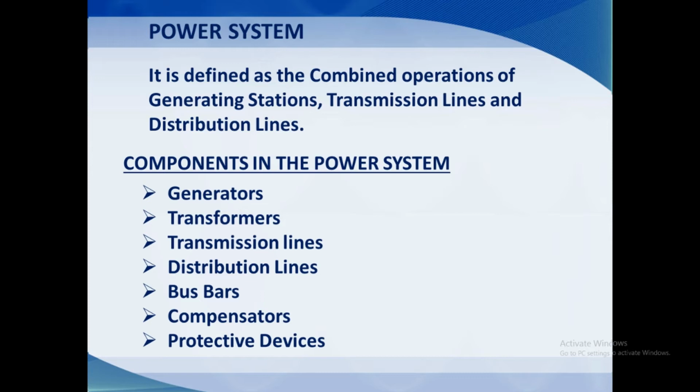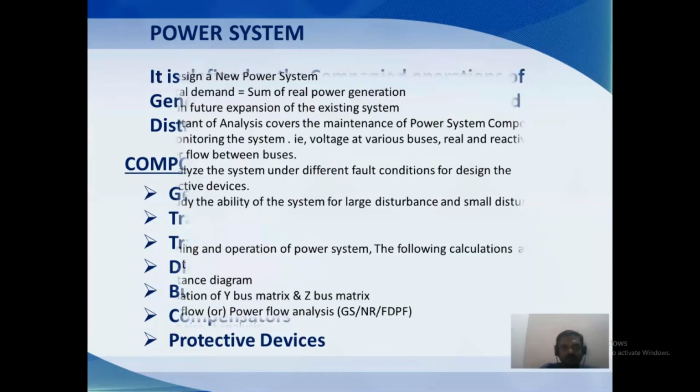The capacitor banks, inductor banks, then voltage compensators like VAR compensators, reactive power compensators, then static synchronous compensators, etc. The protective devices are relays with circuit breakers. Different types of circuit breakers are connected. Then many other small components are also available in the power stations.